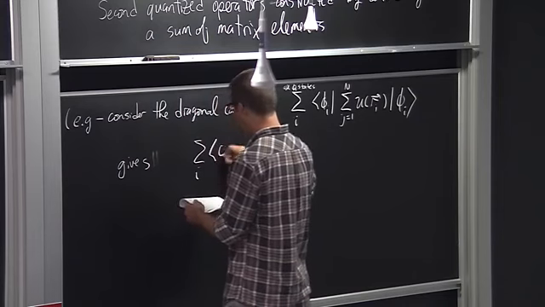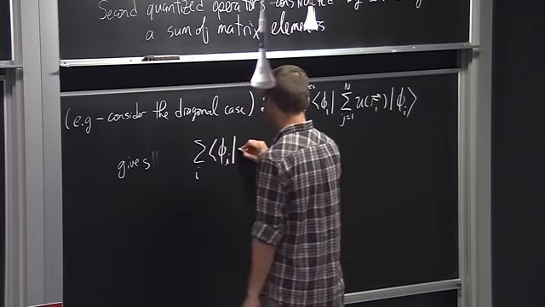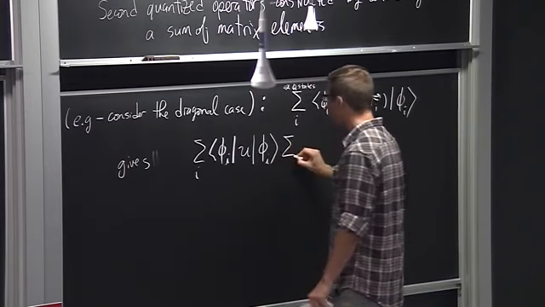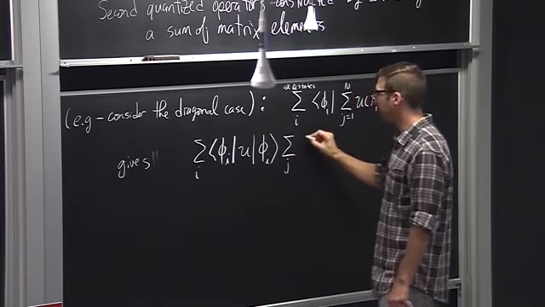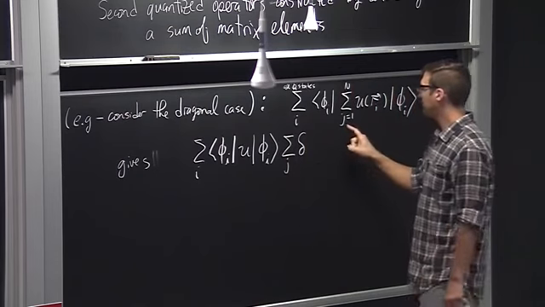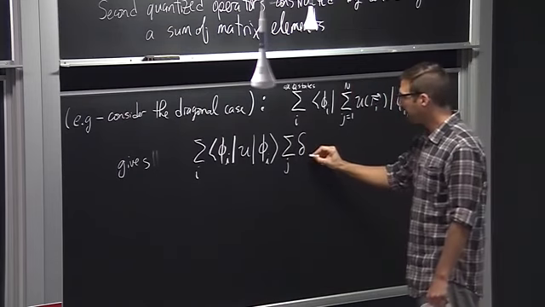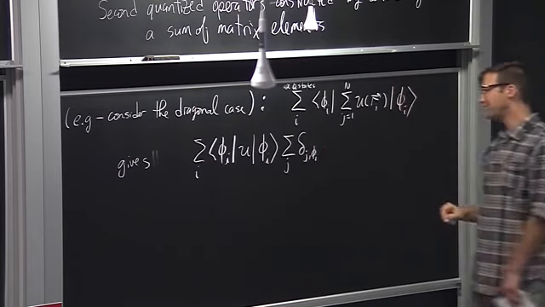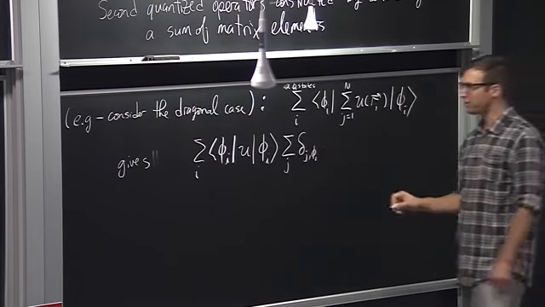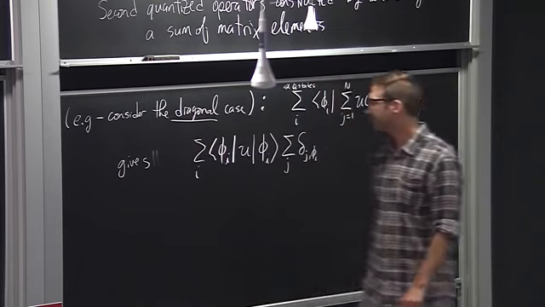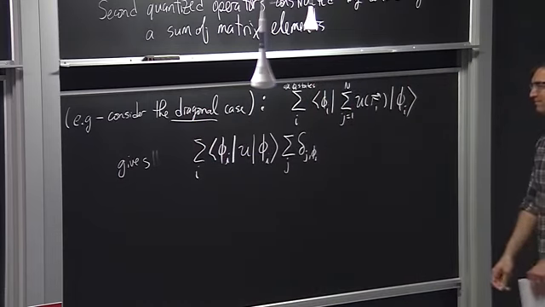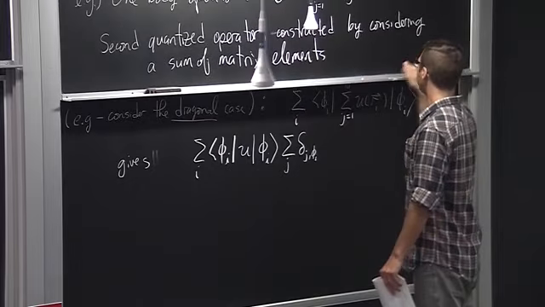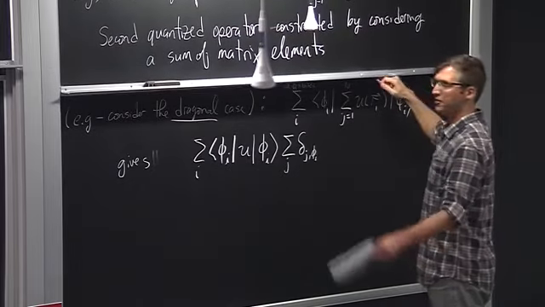So if you sum over single particle states, I don't know what that matrix element is, but then it's a sum of all times that single particle label operates on that single particle state. That's only for diagonal. And then this thing here is just the number operator that I introduced.